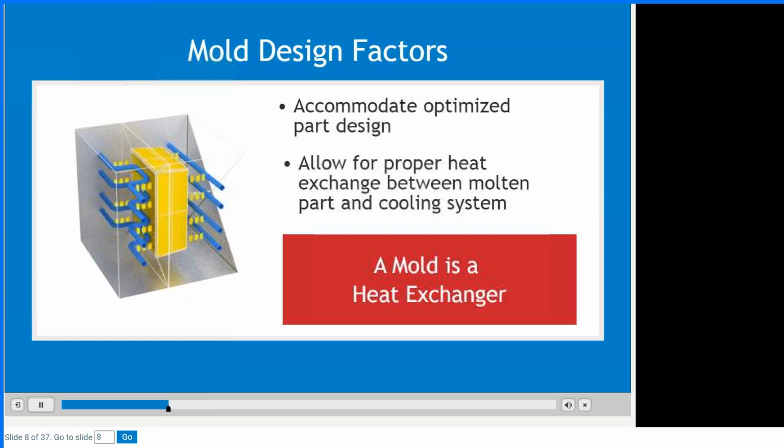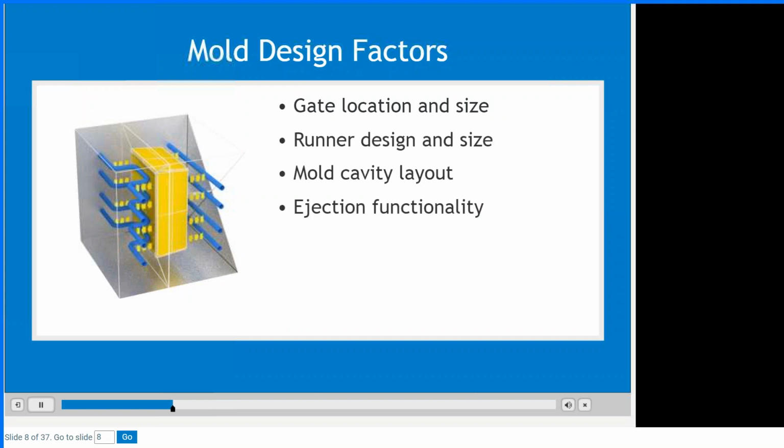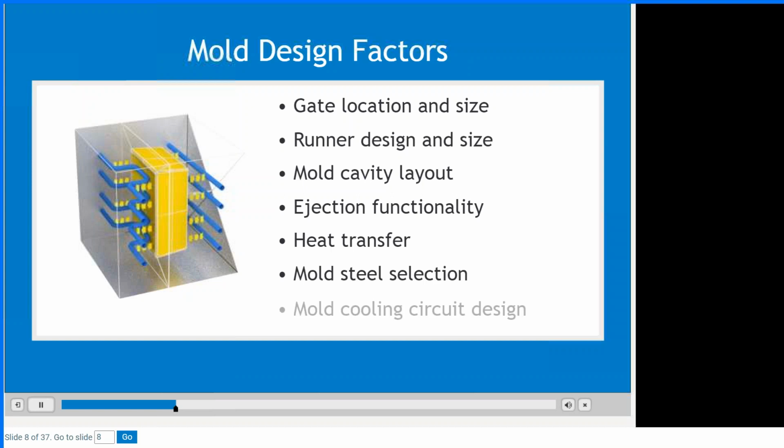Important design criteria that affect this include gate location and size, runner design and size, mold cavity layout, ejection functionality, heat transfer between mold components, mold steel selection, and mold cooling circuit design, location, and sizing.